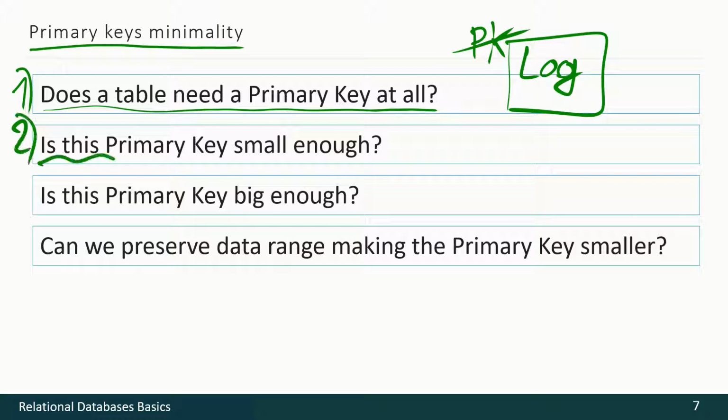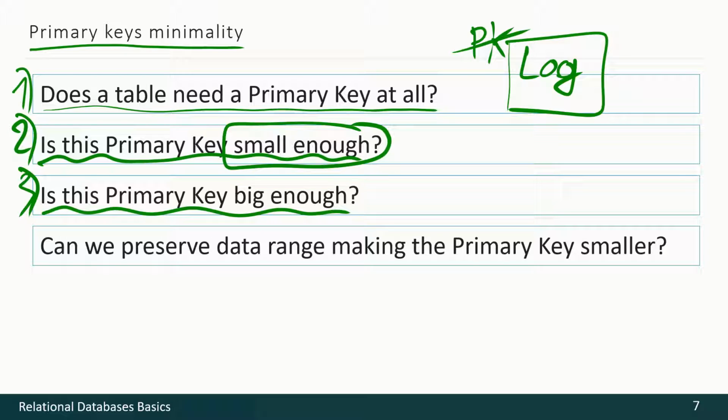The next question: is this primary key small enough? Because we remember, the smaller the primary key is, the faster the table works. And what if we make our primary key too small? So is it big enough? Because the primary key describes each record in a table, and if we have a lot of records, our primary key data type should supply that range of values.